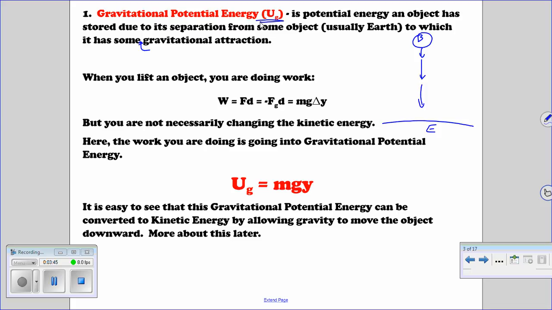One way to explain that would be to say that gravity did work on the ball, and as a result, it gained kinetic energy. Another way to think about this would be to say that because the ball is separated from the Earth by this distance d, it has the potential to fall down that distance.